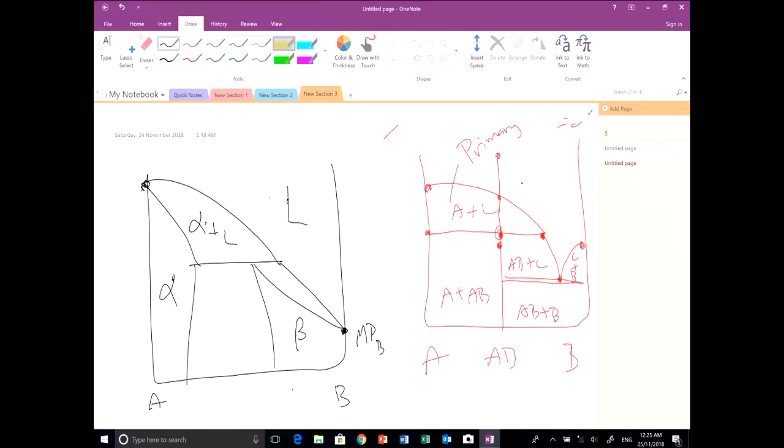Which one is it? What's this thing? This one's a little tougher.